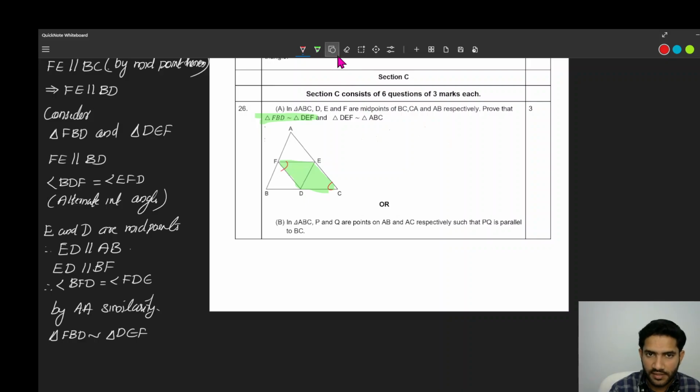Again consider the next parallelogram. It's simple, we know that. Consider this parallelogram. We can say that opposite angles are equal. So by AA similarity, these two triangles are similar. Is it clear?